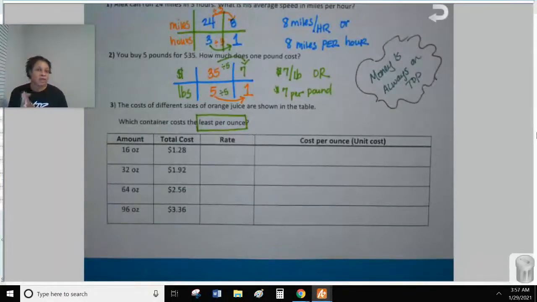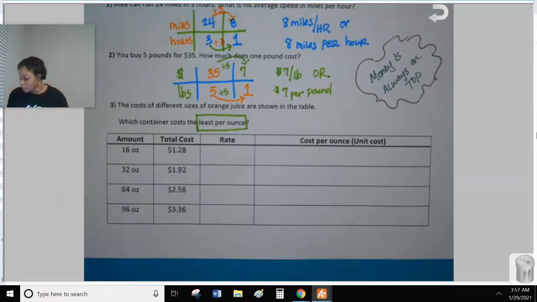Sometimes it could be cents, like tenths or hundredths of a difference. Those things add up. So even if I'm paying 5 cents per unit compared to 6 cents, those little cents will add up over time. So with comparison and better buy, you always want to get the least amount.